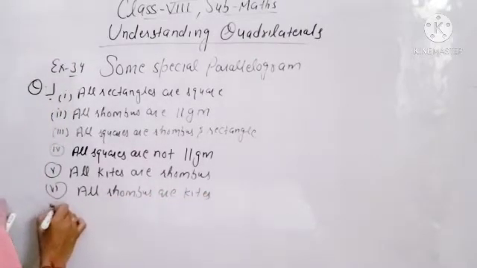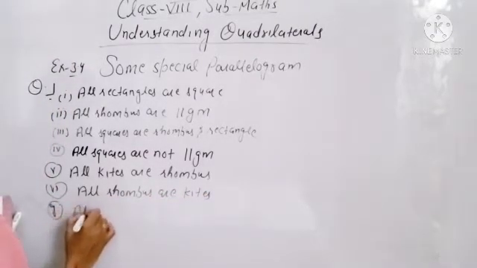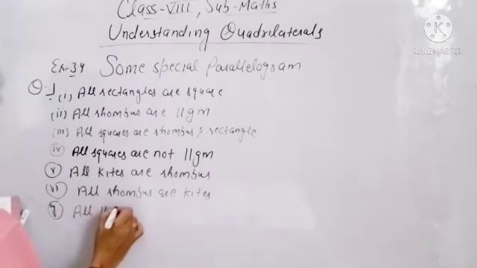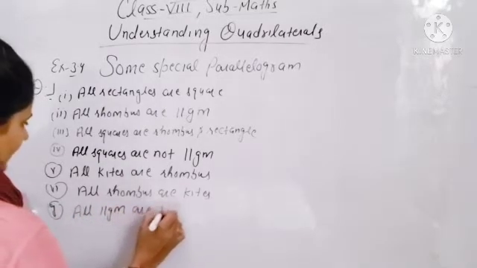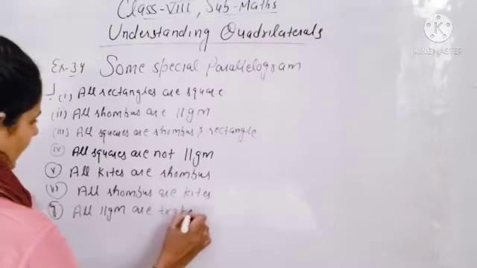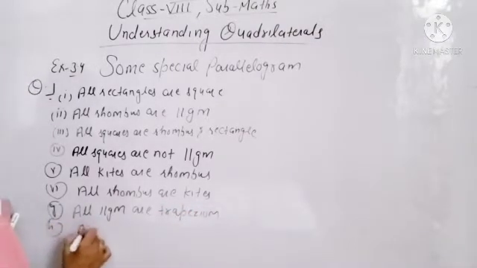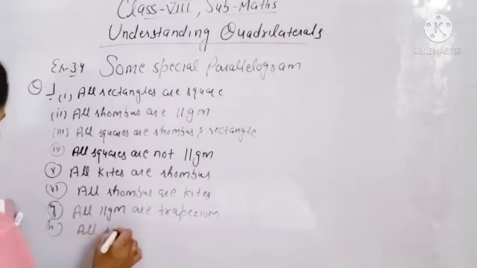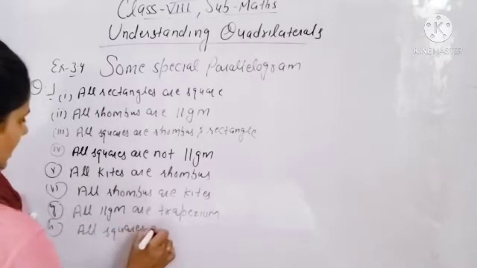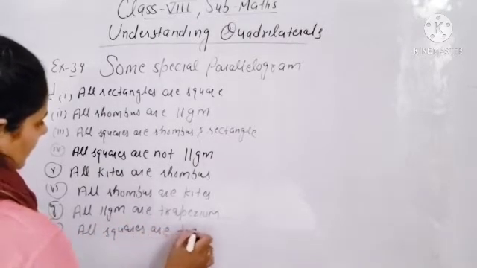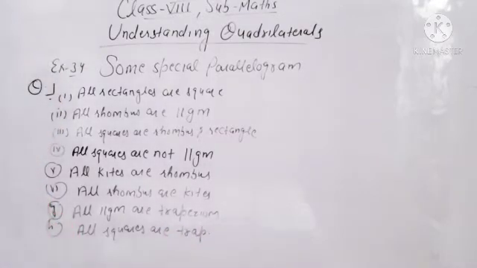Next one, all parallelograms are trapezium. And the last one is, all squares are trapezium. Clear? So the first question is written: state whether true or false.